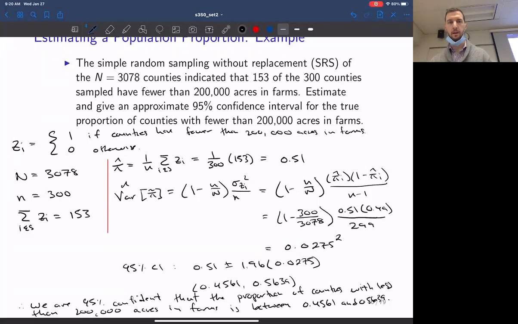All right, so we can also make the note here. 1 minus 300 over 3078 is approximately 0.097.